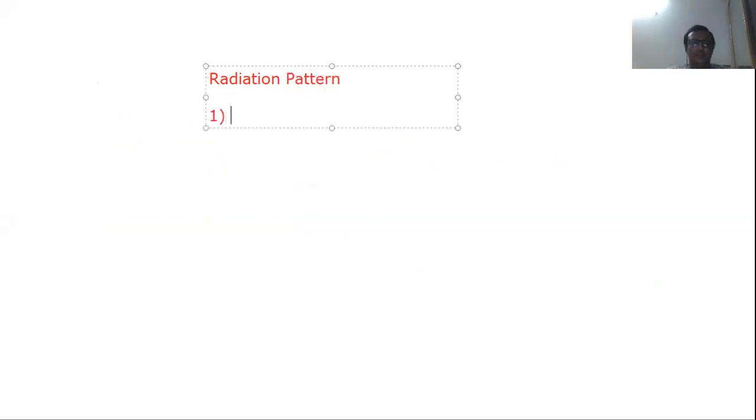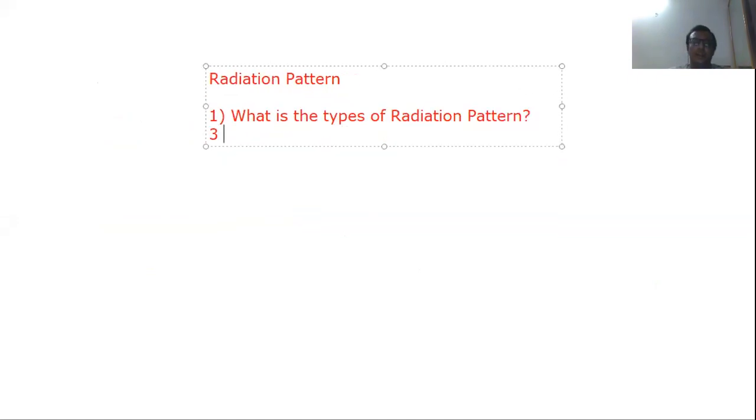What are the types of radiation pattern? Main types of radiation pattern. There are a total of three types of radiation pattern. What is the first type? Isotropic radiator, omnidirectional radiation pattern, directional radiation pattern.